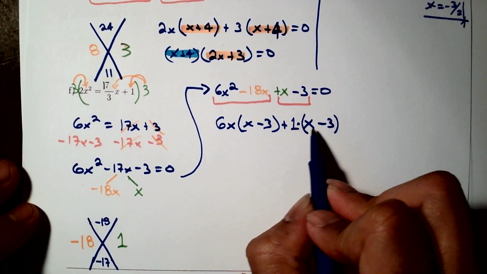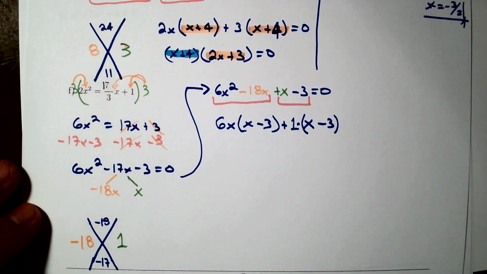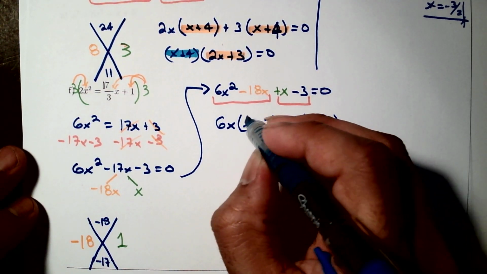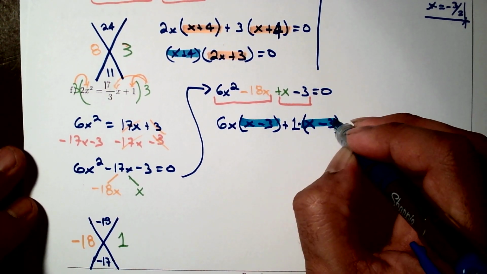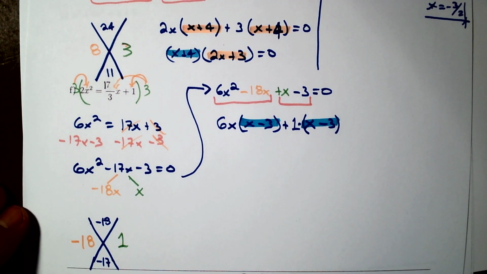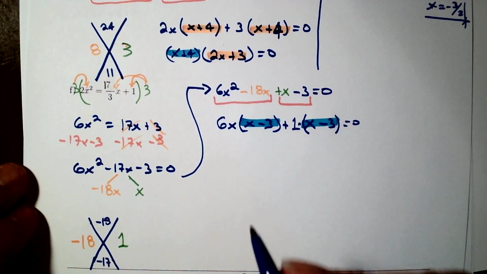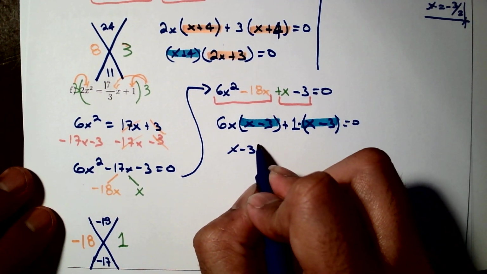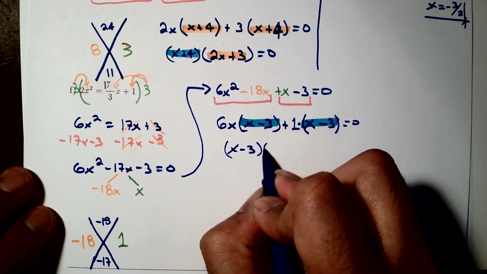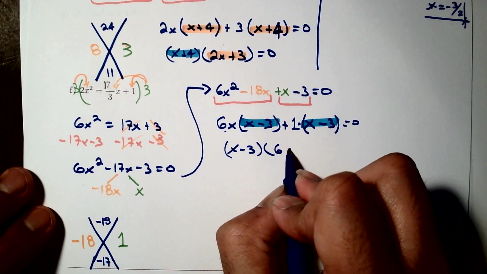And the reason for which I put this additional parenthesis is so you don't feel a little bit weird about this. So we can identify the next GCF. Okay, set it equal to 0. So x minus 3 times 6x plus 1.